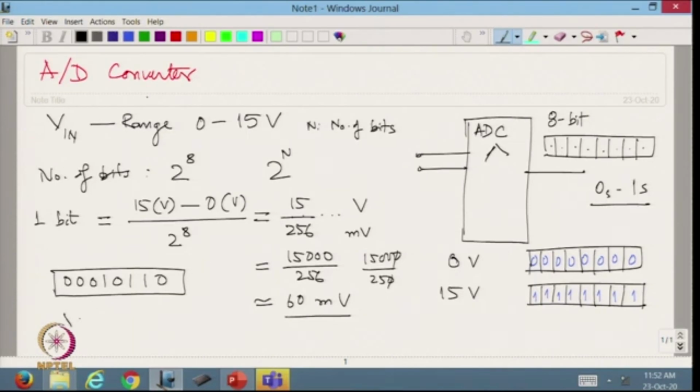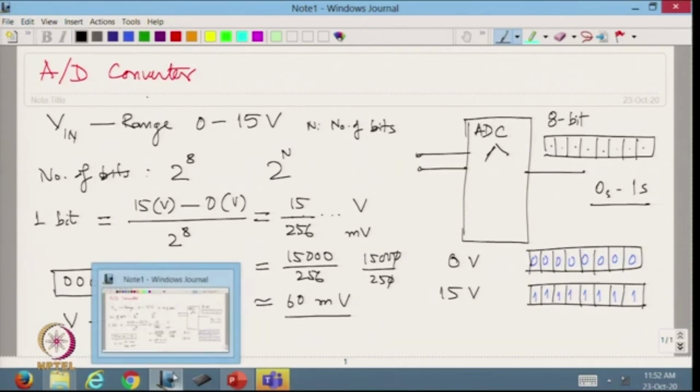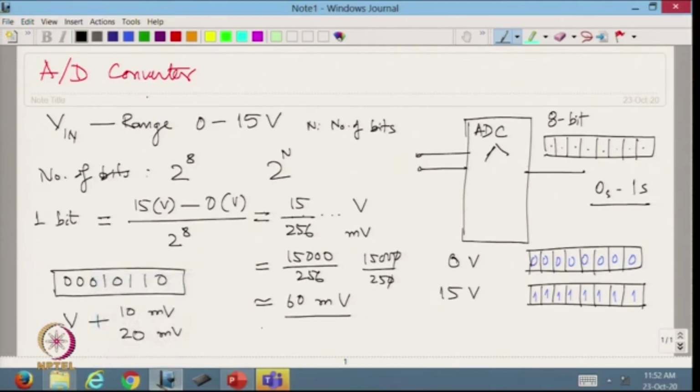So, this corresponded to a certain value of the voltage V, and if this signal has increased by 10 millivolts, nothing will change, we will still get the same reading. If it increases by 20 millivolts, we will still get the same reading, unless of course, it increases by 60 millivolts, then this number will go up by 1 and it will become 0 0 0 1 0 1 1 1.